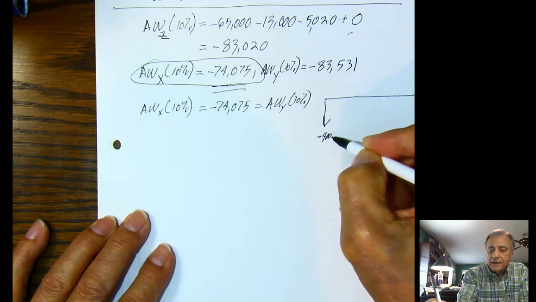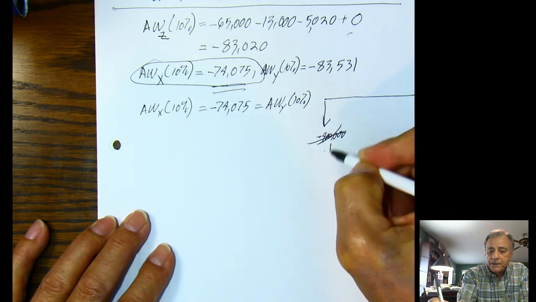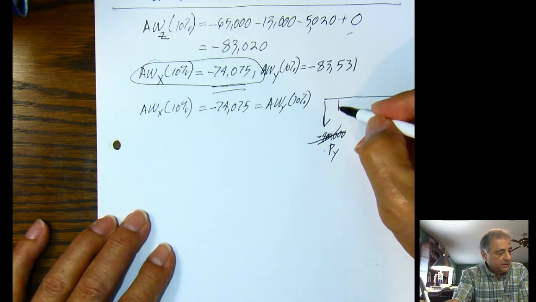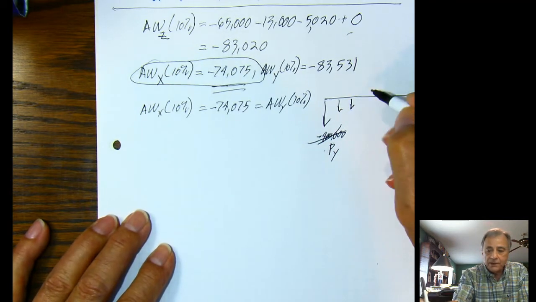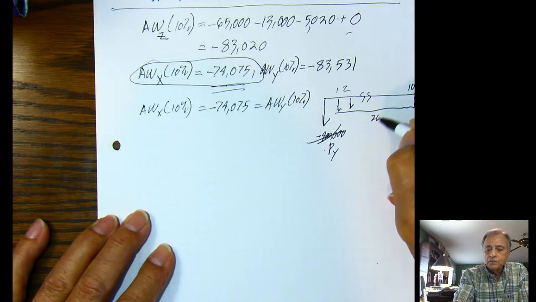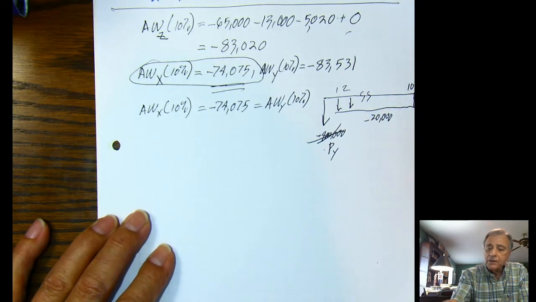Well, we're going to let that be an unknown, minus P sub Y. And then we had 20,000 a year. That went on for 10 years. And we had a salvage value of 25,000.